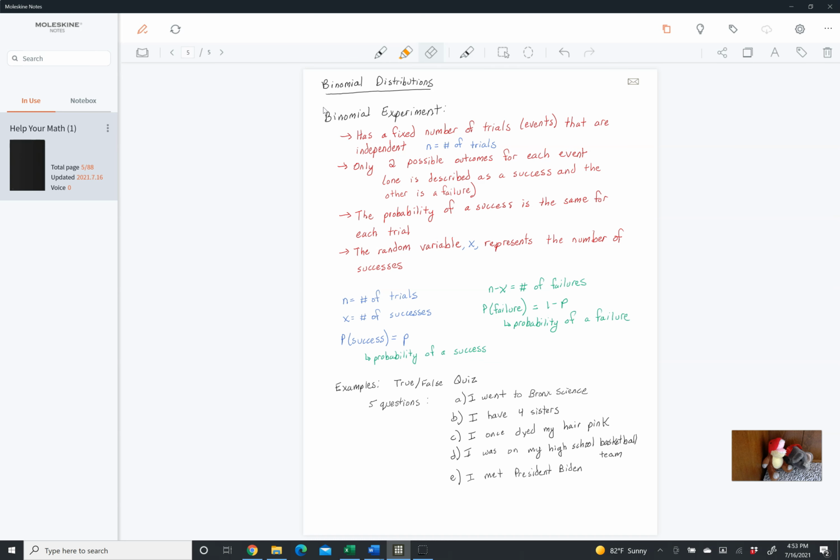Okay, so this is a binomial experiment. How do we know? There are a fixed number of trials. So there are 5 trials here. They're independent, because whether or not you get the first statement right, true or false, is independent of whether the second statement is true or false.